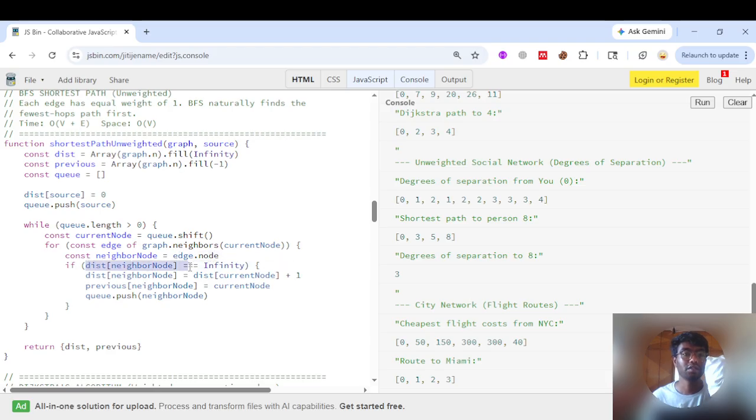Initially these would be marked as infinity, as you see here, and we update these neighboring nodes from the current node, which is initially the source node, to 1, and we update the previous node to the current node, saying that this is the origin, right?